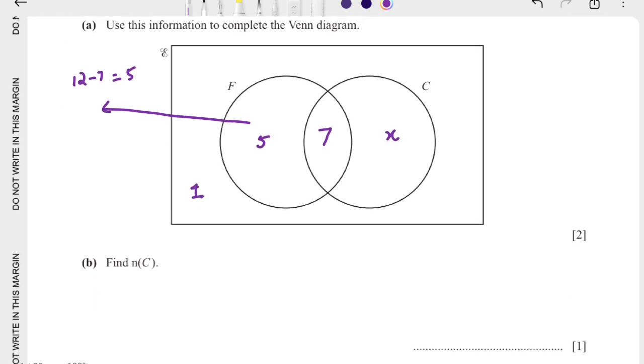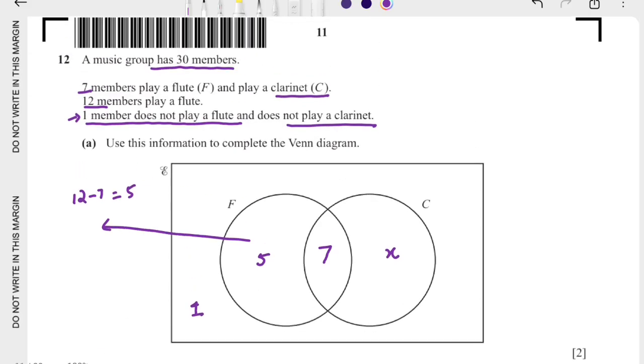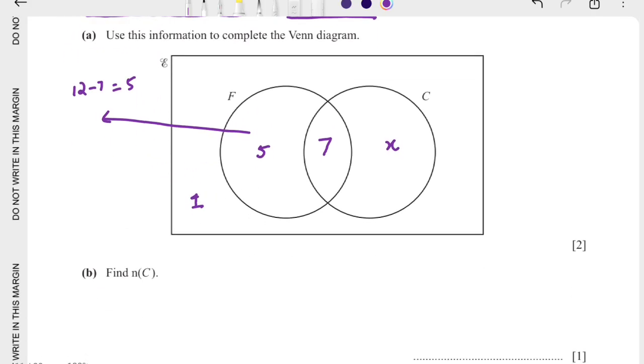So we can form an equation. The total is 30 members. So 30 is equal to 1 plus 5 plus 7 plus x. So 30 is equal to 1 plus 5, 6. 6 plus 7 is 13.